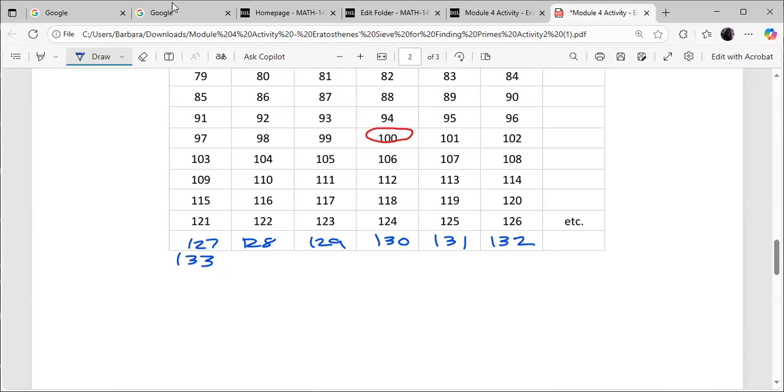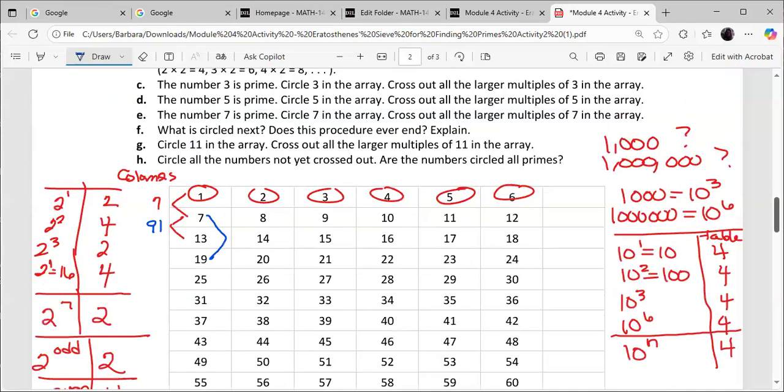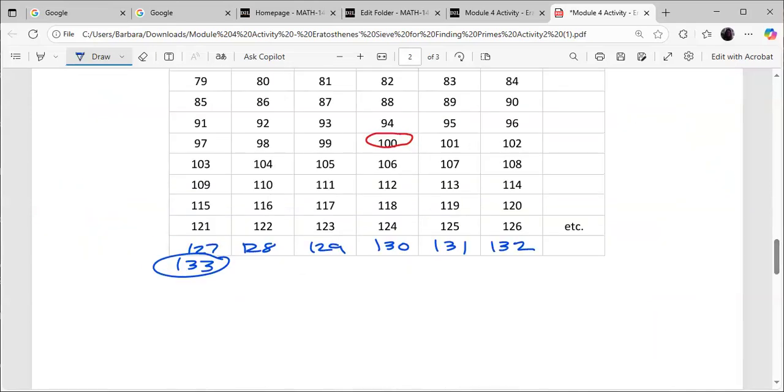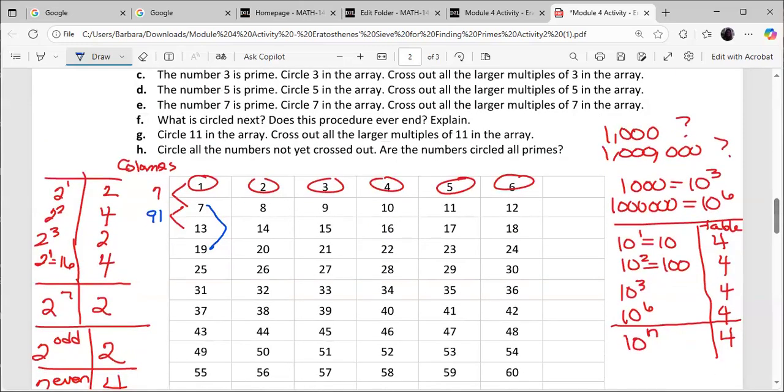And there it is: 7 times 19 is 133. So far, every pair of numbers that I have multiplied, their product is in the same column. So column 1 is one of those special columns that is closed under multiplication.